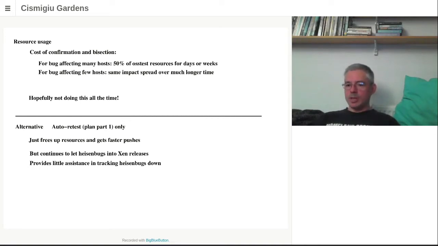The probabilistic bisector is a non-trivial amount of work. I think the automatic characterizer is probably not very hard. But there's some development work, mostly by me, but also there's some resource usage.